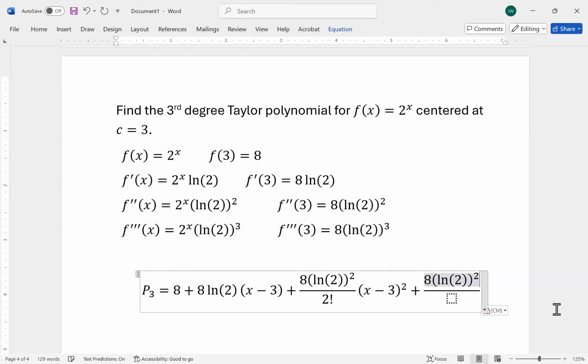When I plug in 1, I get a negative 6. So I have 0, 1, -1, 2, -6. Notice that from here on out, they're alternating back and forth between positives and negatives. And also this 1, 1, 2, 6, that's factorials.